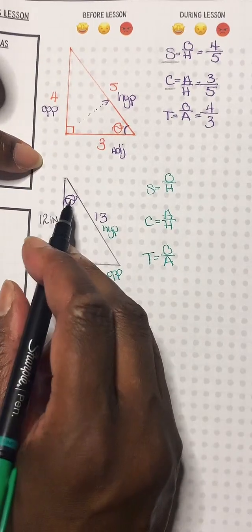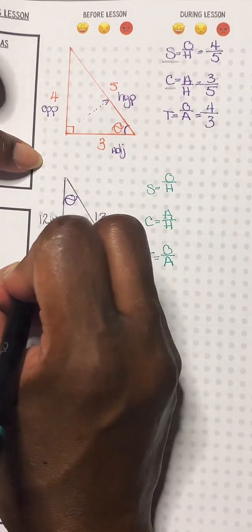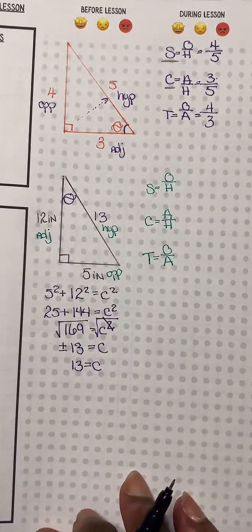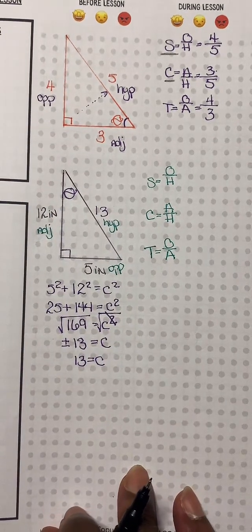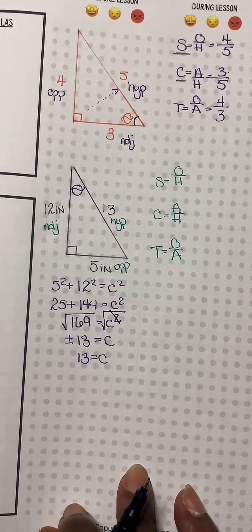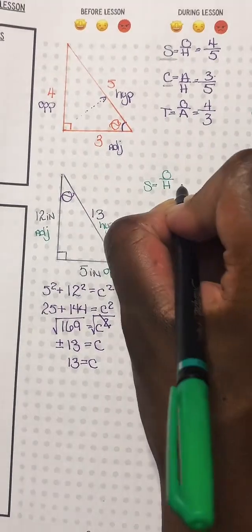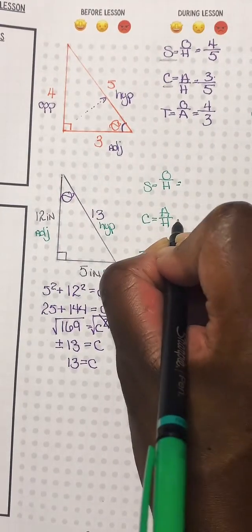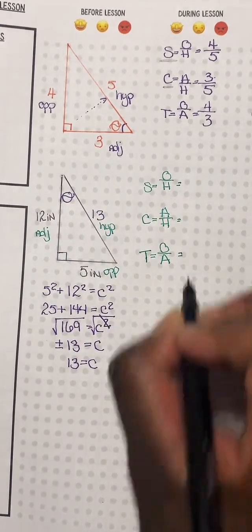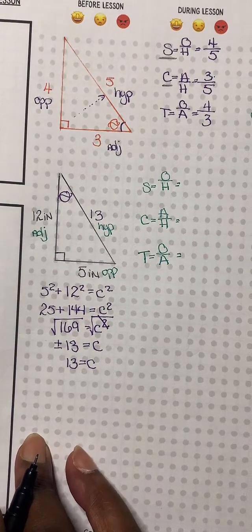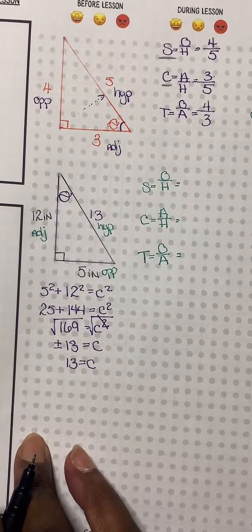That means the side that's next to theta, that's our adjacent side. I like to label. I'm one of those people. Okay? Yes, SOHCAHTOA. All right, so what are my ratios? Okay, good. Mateo, good.